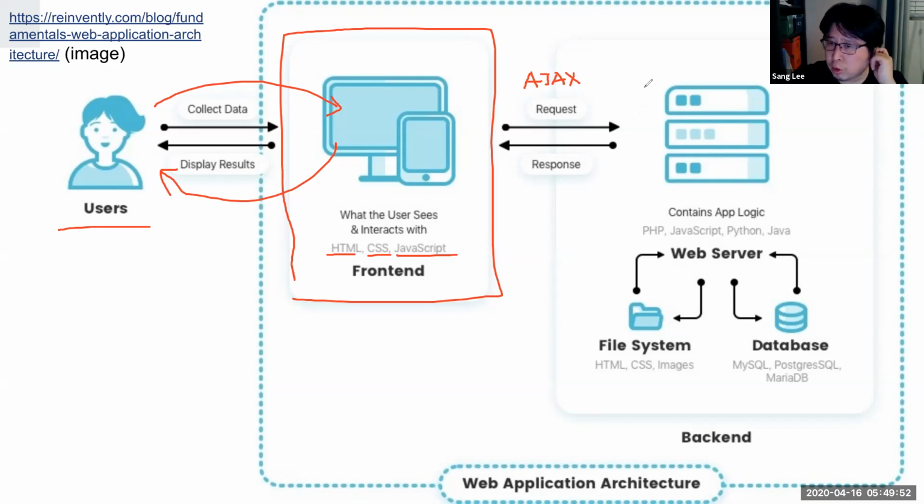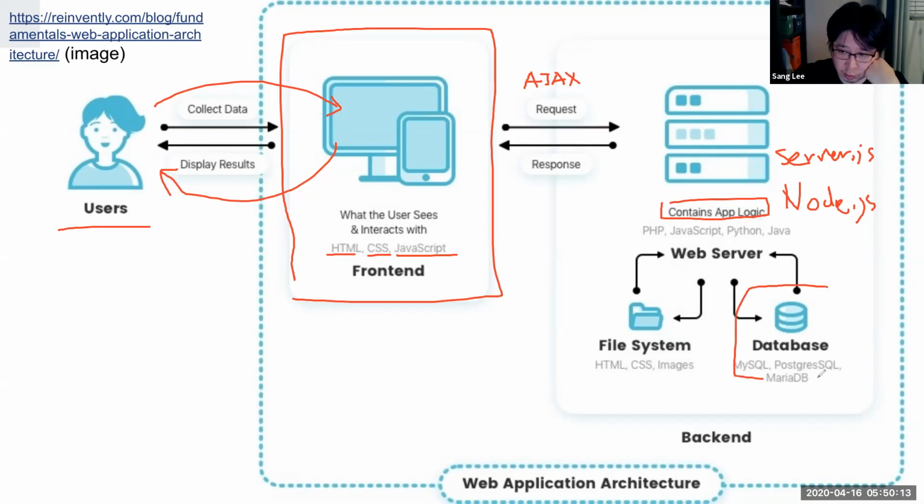call to the server, and then the server contains the app logic, which for us was a Node.js application, basically server.js. And under the hood there is a database, which was a Mongo database.